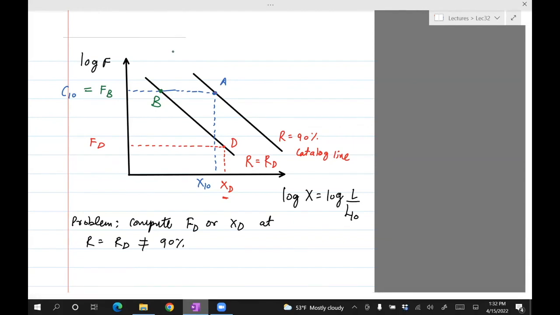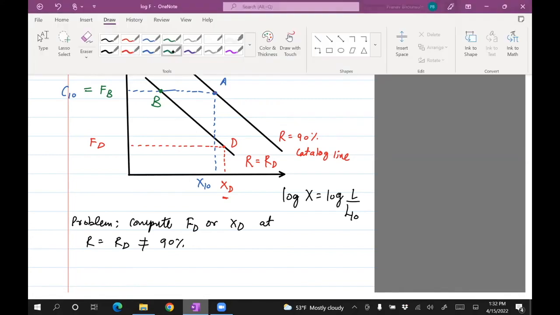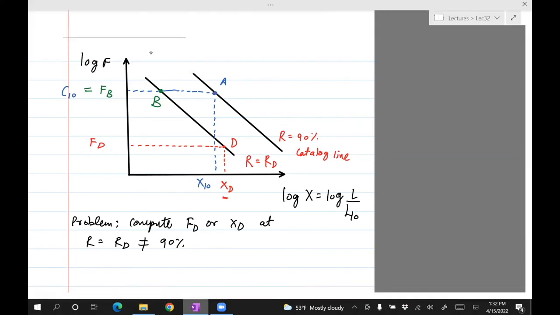Okay, so what we are doing now is we know C10, we know X10. We now use the Weibull distribution in order to find what this point B is.